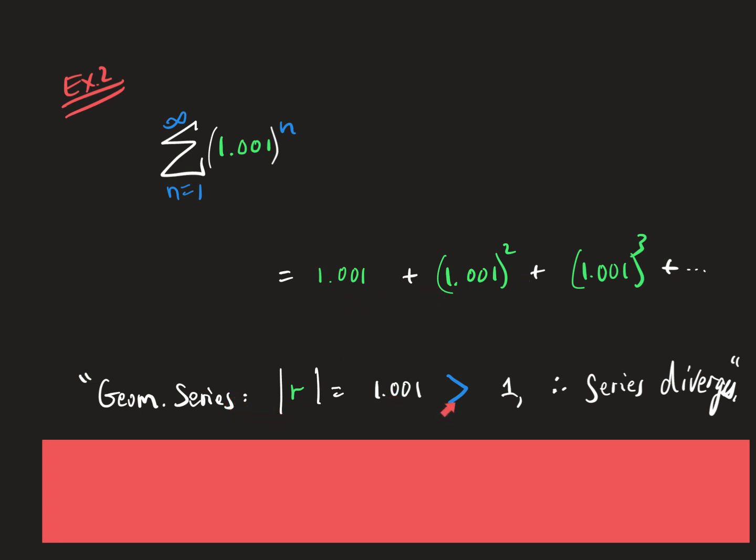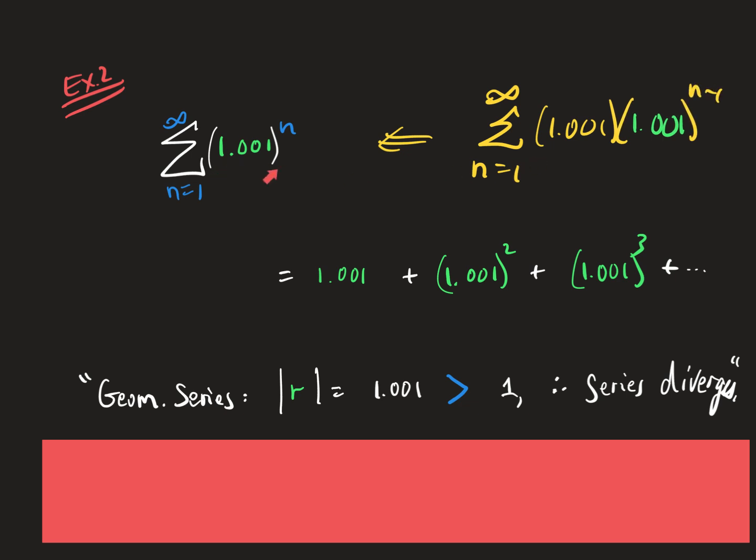That's bigger than 1, therefore the series diverges. Remember, we can write this as a geometric series in standard form, where the first term is 1.001, and then the common ratio is 1.001, and it gets raised to the power of n minus 1. They're exactly the same.